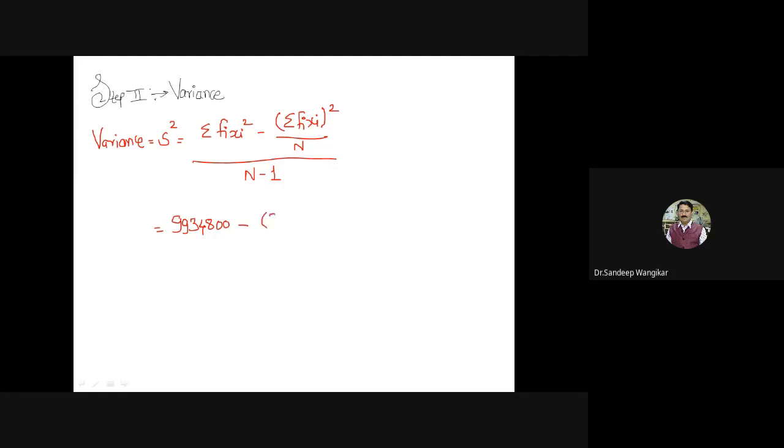31480. This is the bracket square divided by n. The n value is nothing but 100, and the total is divided by n minus 1. So I will say here 100 minus 1. So very simple, friends.